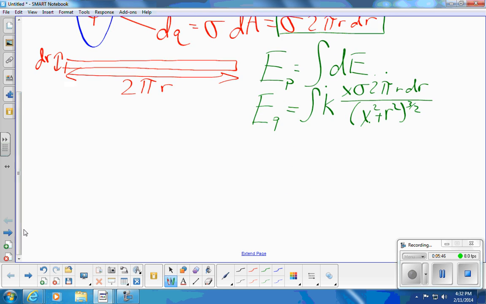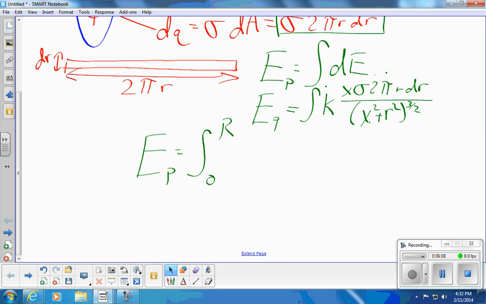Cake. Here we go. And I will also introduce limits of integration, because I'm going to integrate from the smallest r, which is 0, to the biggest radius of a ring, which is big fat R, the radius of the whole thing. Okay. K, and I didn't leave myself room to pull out the constant, or did I? No, I didn't. So I'll do it in a second. I'm going to write them all out in the front: k, x, sigma, pi.